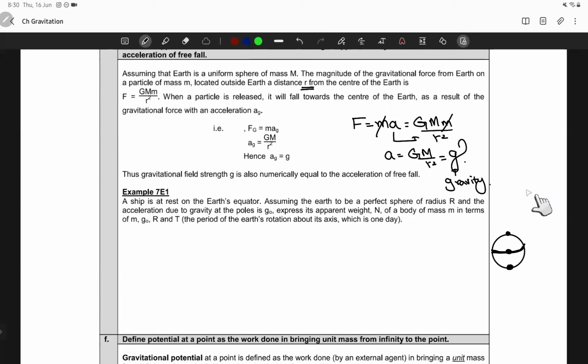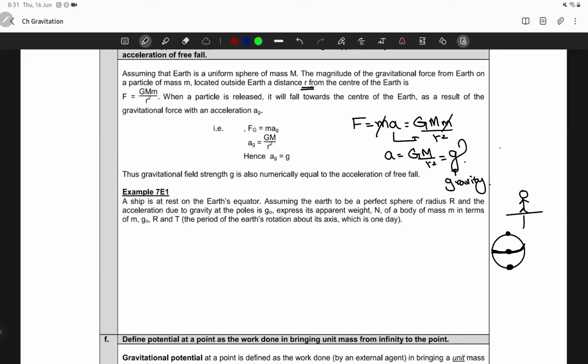This is the reason, by the way, that if you consider yourself standing on the surface of the Earth, your legs are closer to the Earth compared to your head, right? And so the force of gravity experienced by your legs is more compared to the force of gravity experienced by your head. Do you get that?